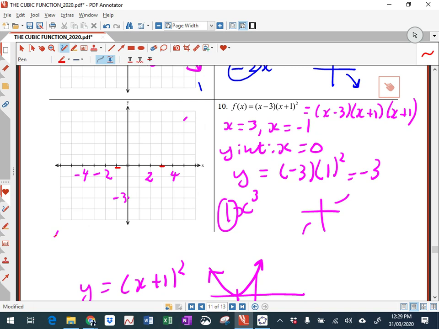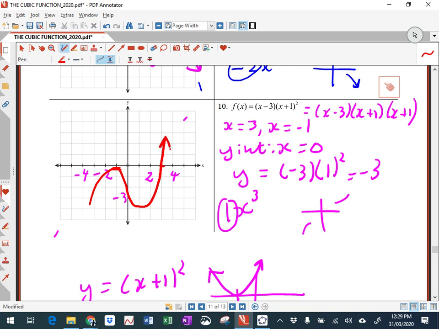Okay, so watch this. I'm starting here. And now I've got a turning point here. Whoops, came in too steep. Let's try that again. Okay, and then down, then up.